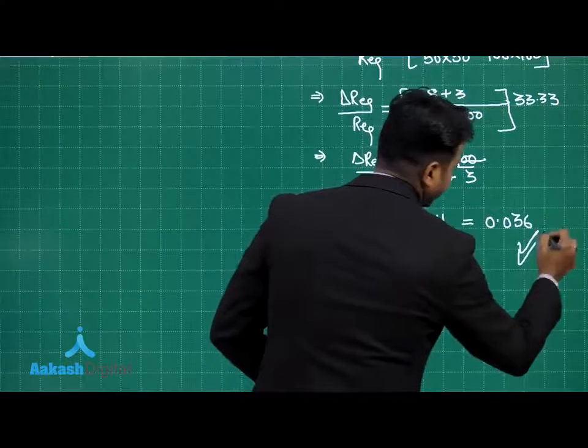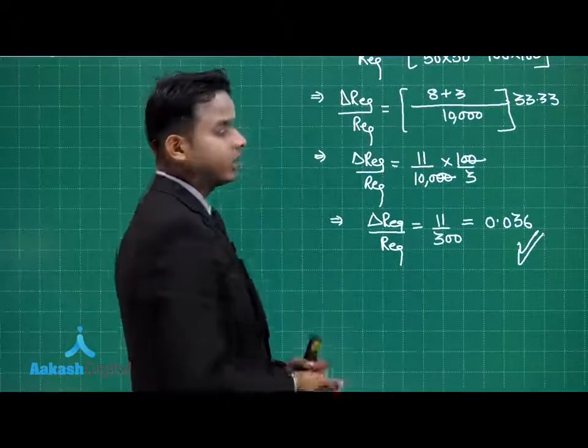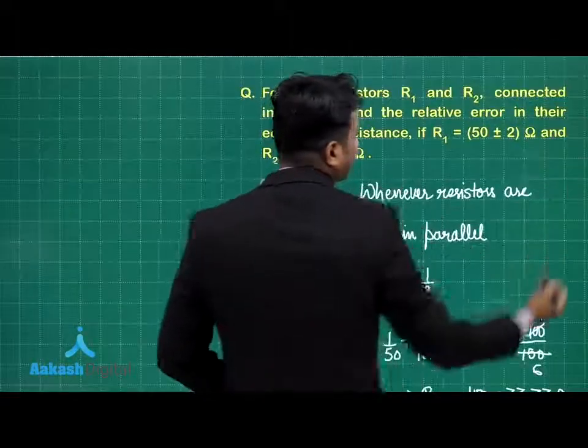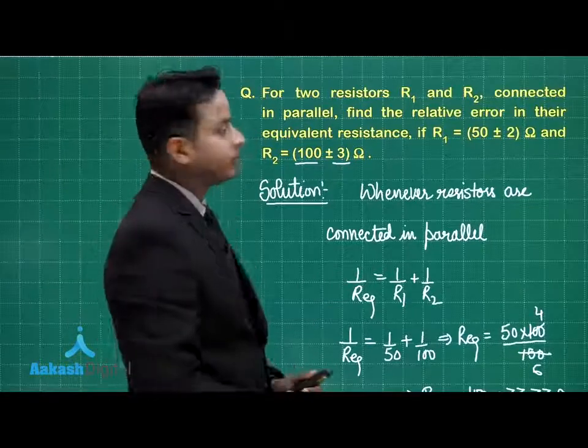So this is the relative error in the quantity of R equivalent the question is asking to find out. I hope the question is very clear to you. So that's how this kind of question can be solved. So let's move on to the next question.